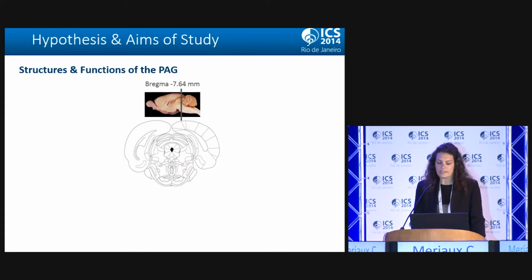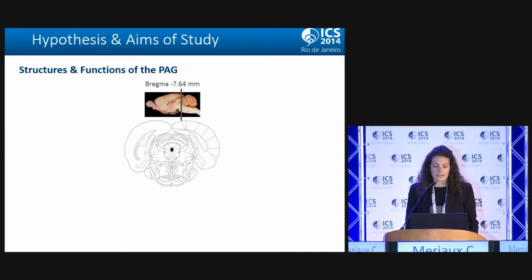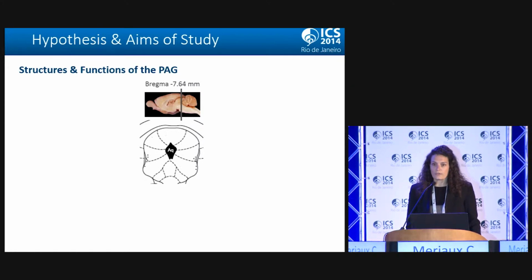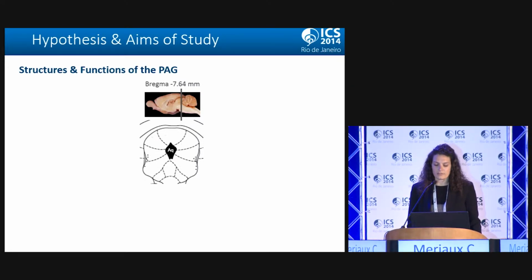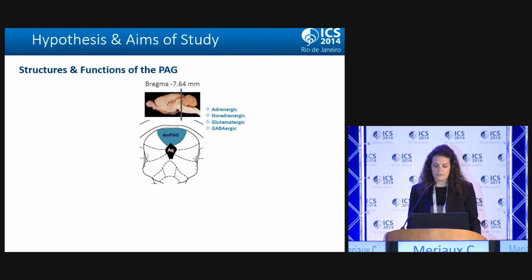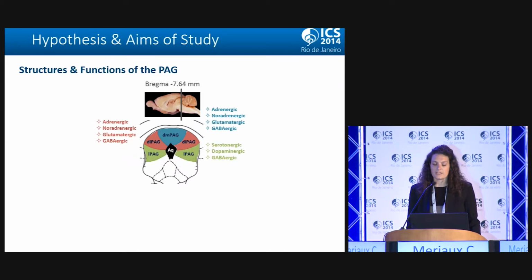So when we look a bit closer at the periaqueductal gray, this structure is in the brainstem, and it's constituted of 4 different columnar subdivisions: the dorsomedial subdivision, the dorsolateral subdivision, the lateral PAG, and the ventrolateral PAG.